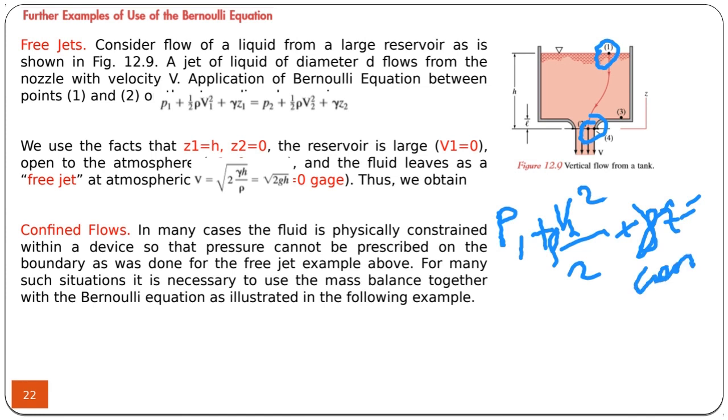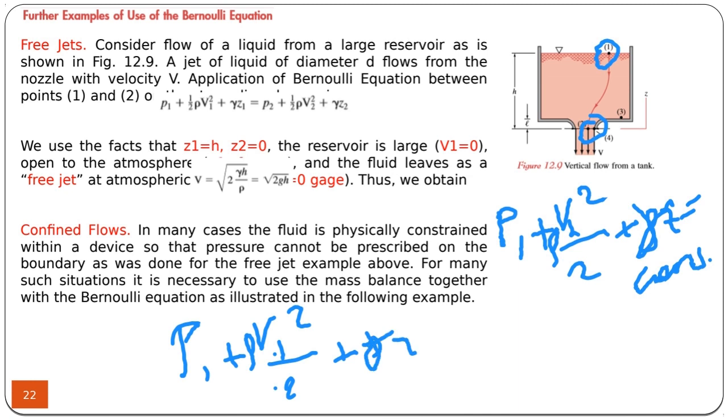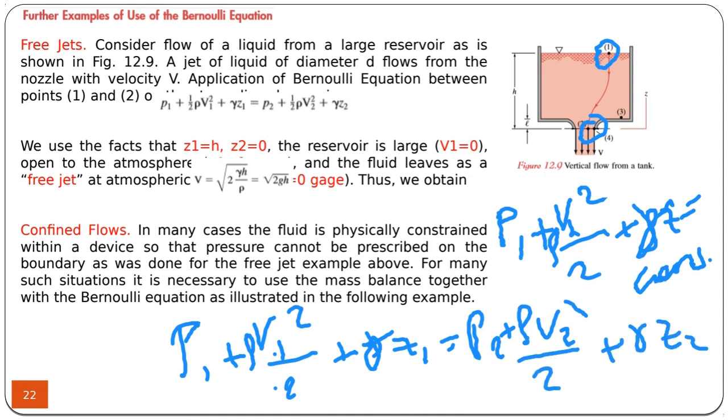So it means that P1 plus rho V1 squared divided by 2 plus gamma Z1 is equal to P2 plus rho V2 squared divided by 2 plus gamma Z2. So this is what it means to have a constant value of these three pressures.